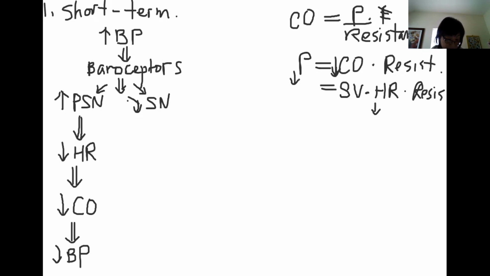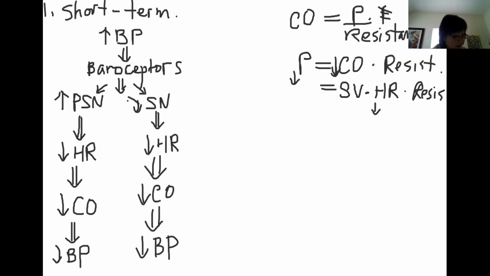So now you understand on this side, if you decrease the sympathetic input, then you decrease heart rate and decrease output and decrease pressure. Make sense?